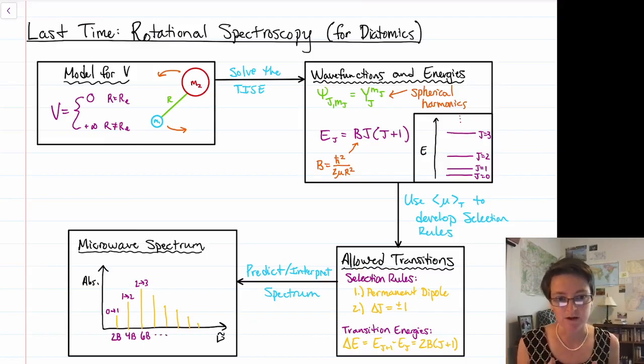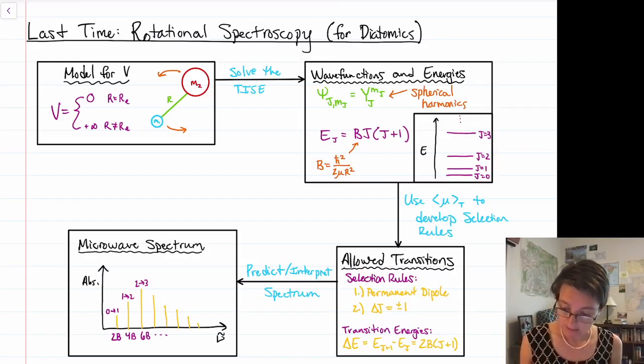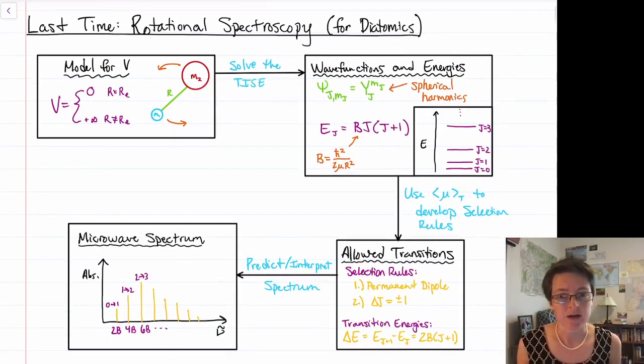And so that is why our rotational spectrum has these nicely spaced peaks that correspond to various available transitions. Something that we didn't talk about last time, but that we'll learn a couple lectures from now, is why the intensities of the peaks, so the amount that those peaks show up on the y-axis, differ between our rotational levels.